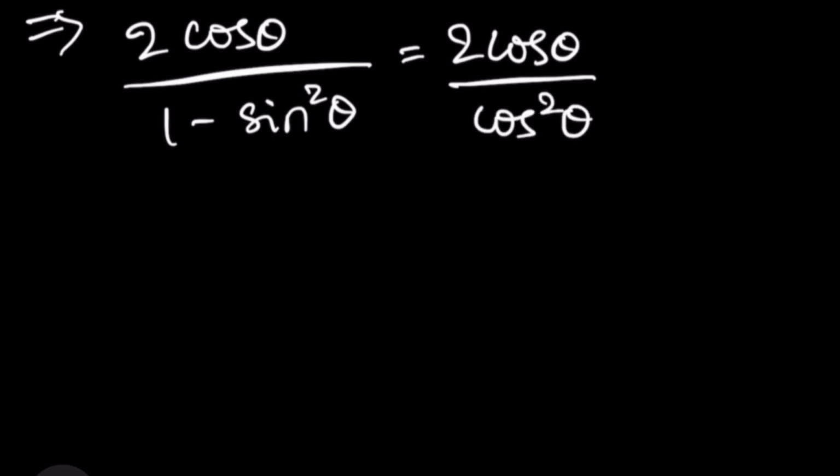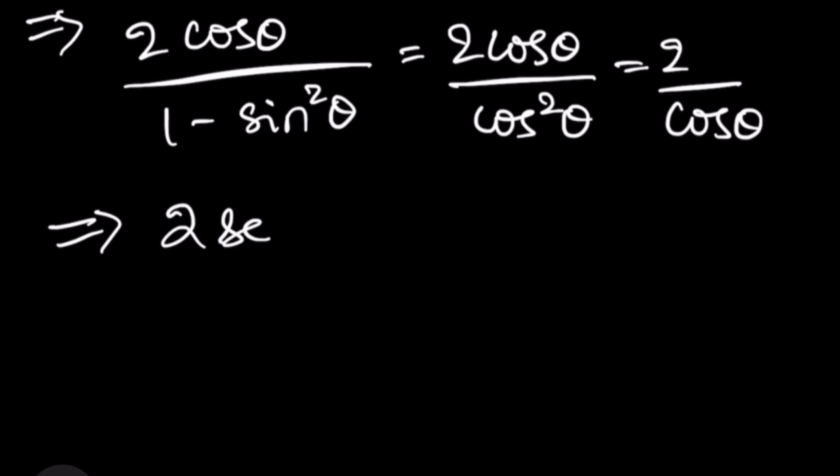So we get 2 cos theta divided by cos square theta. Cancelling, we get 2 secant theta.